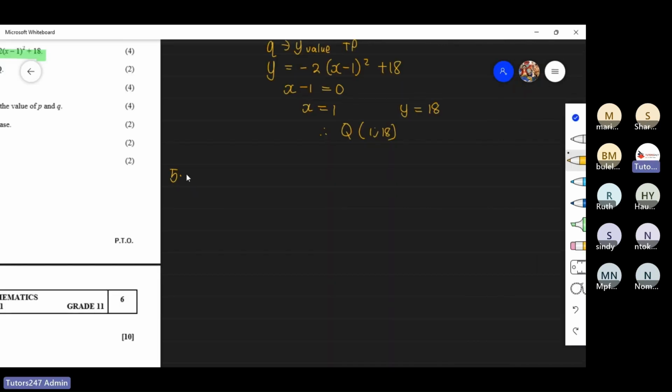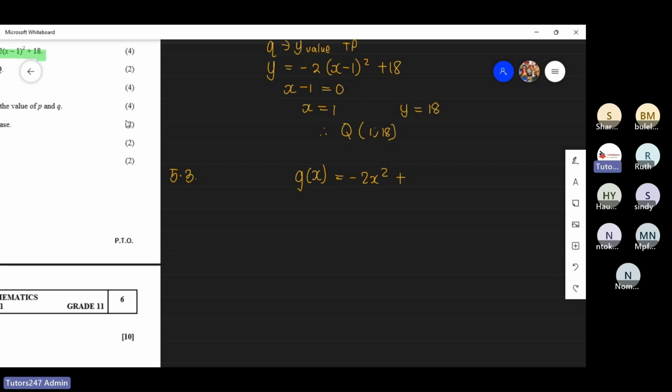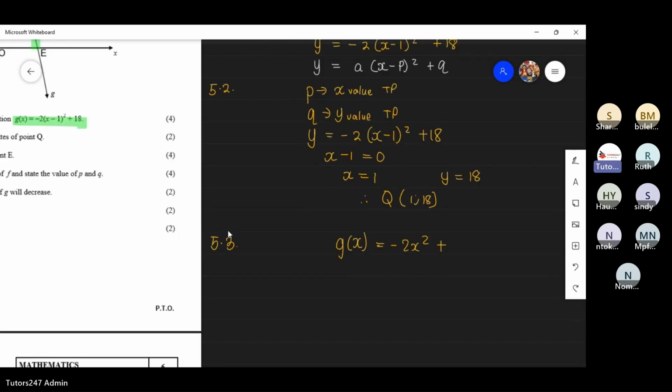So we have question 5.3. G of x equals minus 2x squared plus, I believe it was 8x if I'm not mistaken. Let's double check. Oh, 8x was the previous function. It is 4x plus 16.